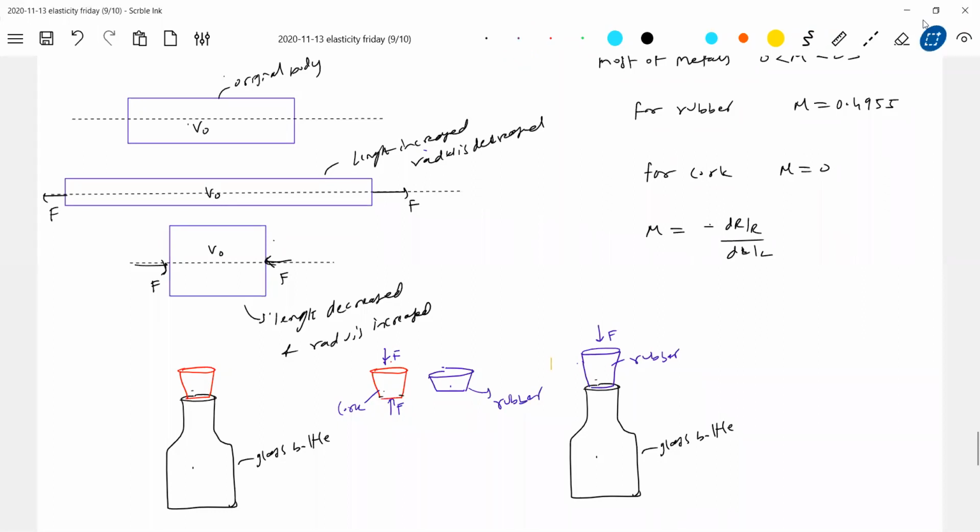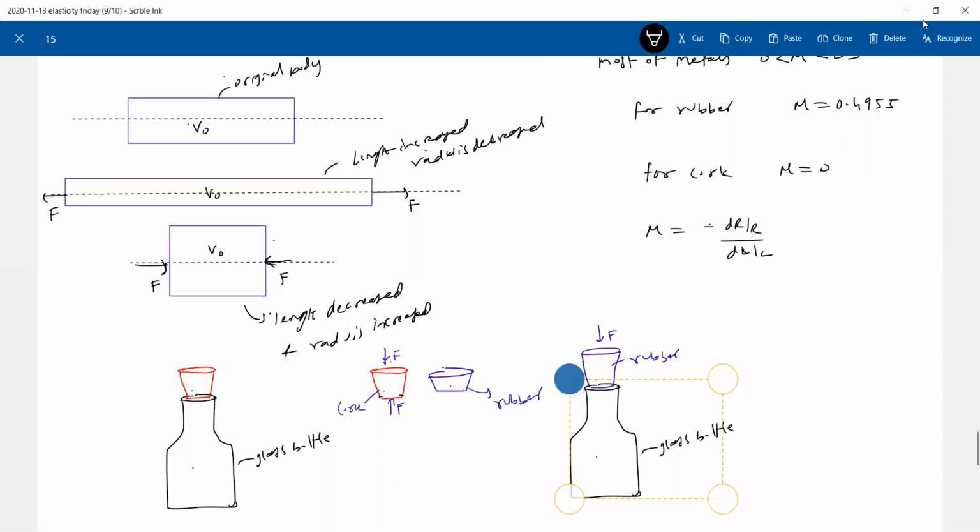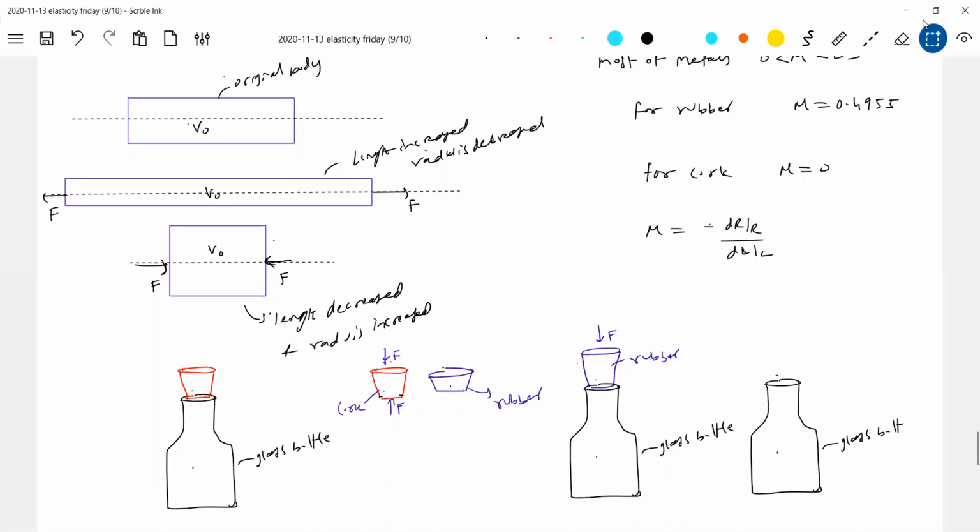I'll give one more diagram. This is a glass bottle, no? So what will happen to the rubber? Rubber will take shape like this. How do you push this rubber into this one? Not possible, no? Rubber lid, not possible. So I can't close this glass bottle using rubber.